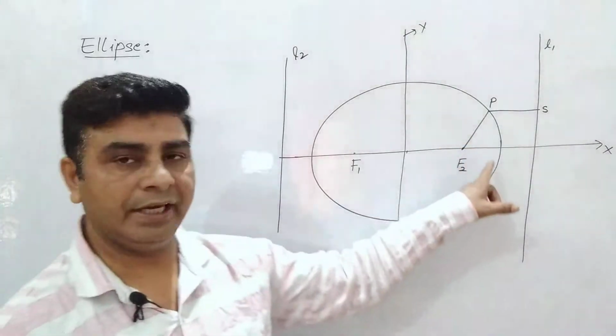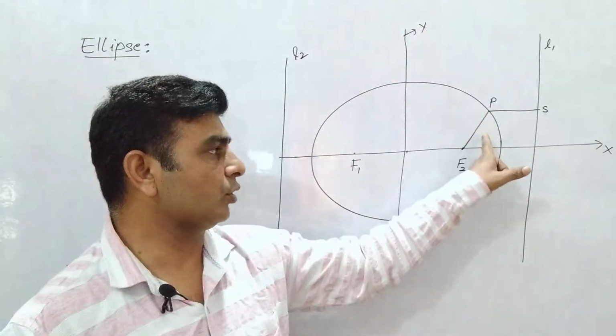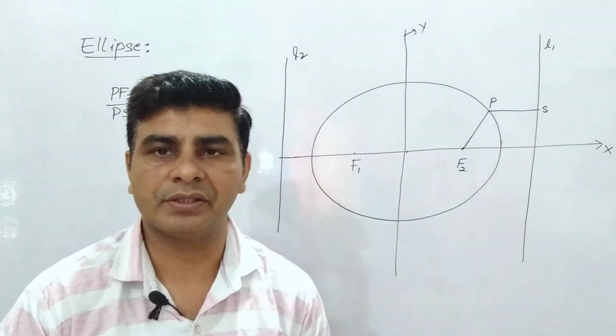So my dear students, an ellipse is always the locus of all those points whose ratio of the distances from a fixed point to the fixed line is always less than 1.